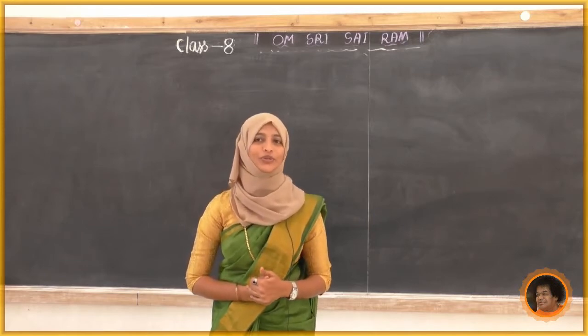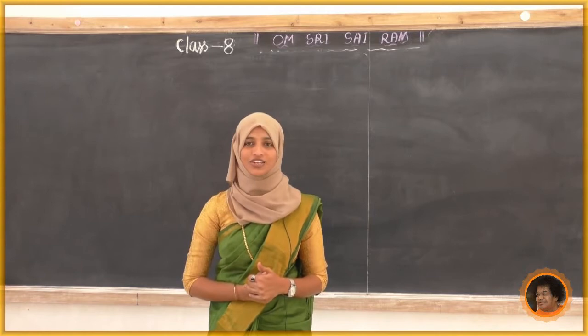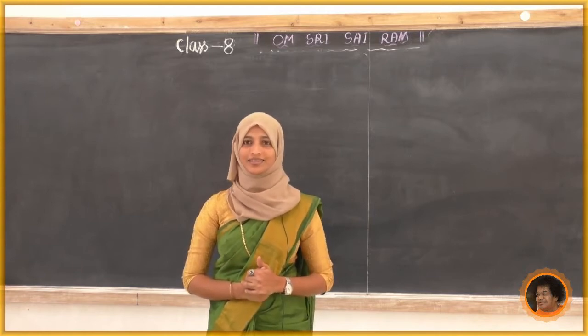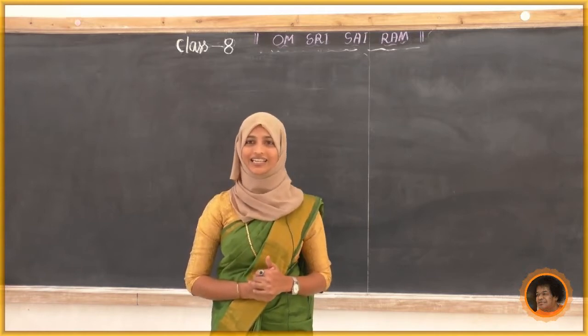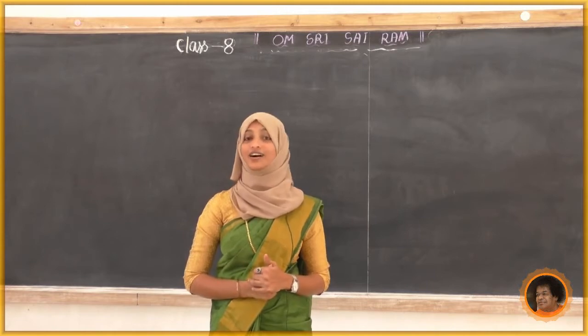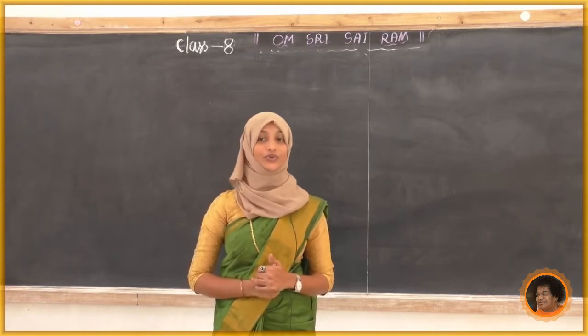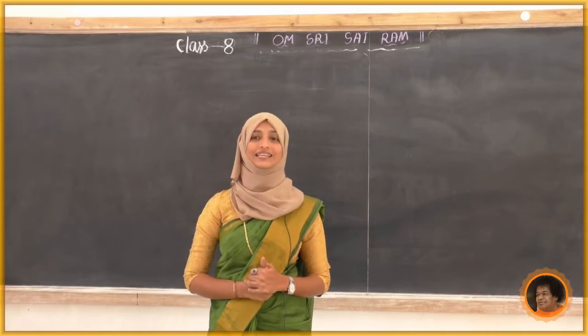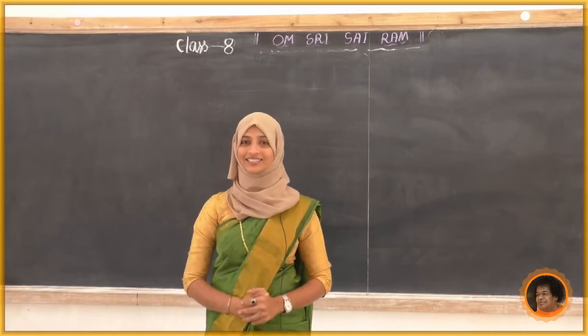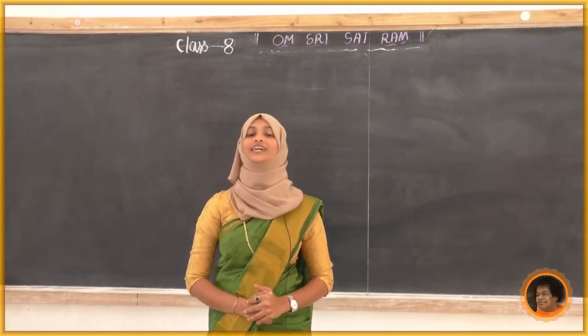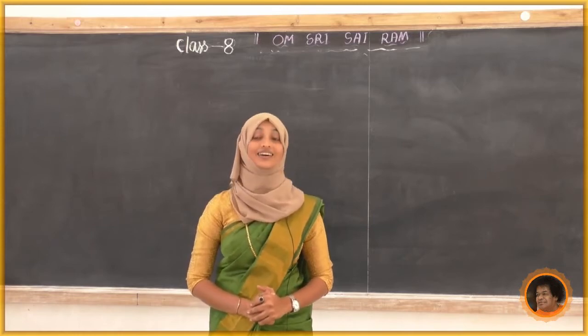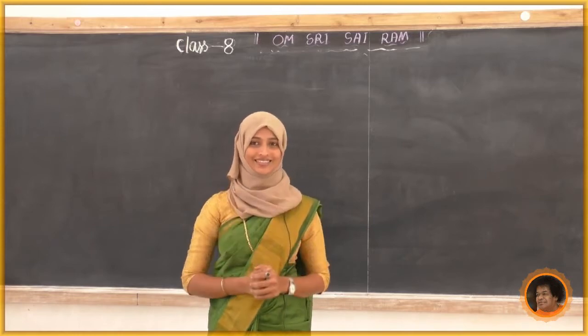Now we come to know that in our observation, some materials are very shiny and very hard. Can you tell the name of those materials? What kind of material is it? Those that are very shiny and hard are called metals.